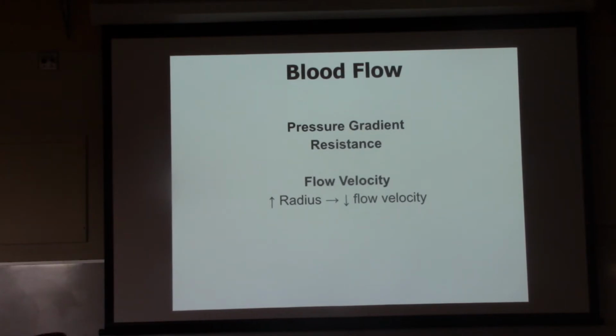So let's talk about flow velocity. If you increase the radius of a blood vessel, it gets wider, then the flow velocity through that vessel drops. And this is assuming that you're working with a closed system. You've got a set volume per time of blood coming in, and that same volume per time is coming out the other end. So somewhere along the line, we're not adding any blood and we're not removing any blood.